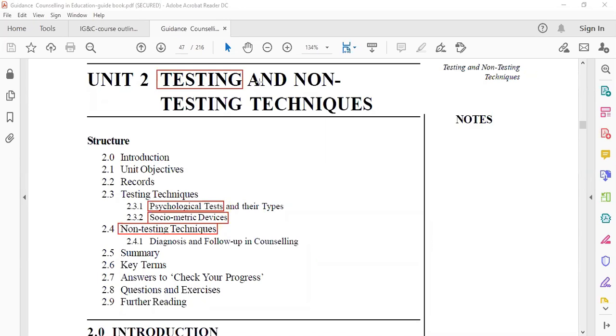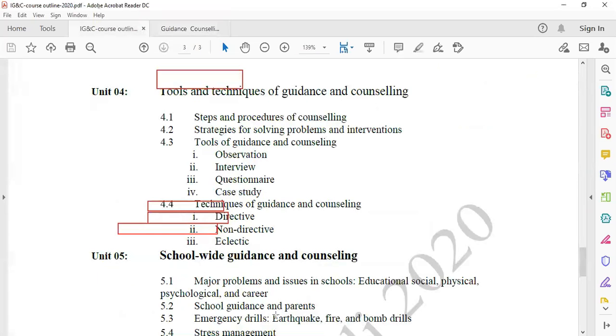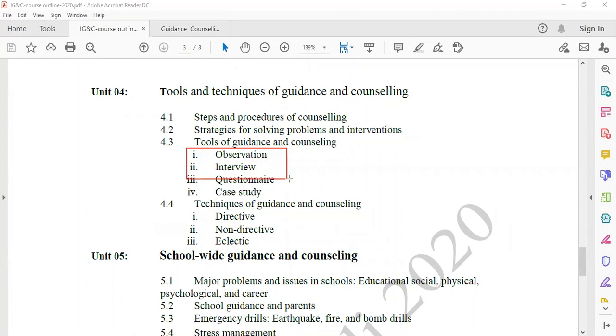These qualitative approaches include interviews, questionnaires, case studies, and observations. Today, we are going to cover these four tools for collecting information when we are giving guidance and counseling to our students.